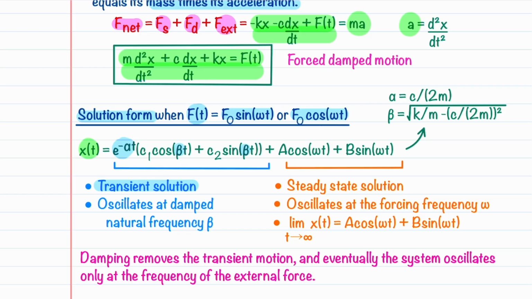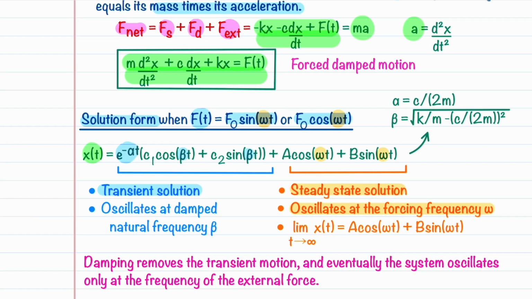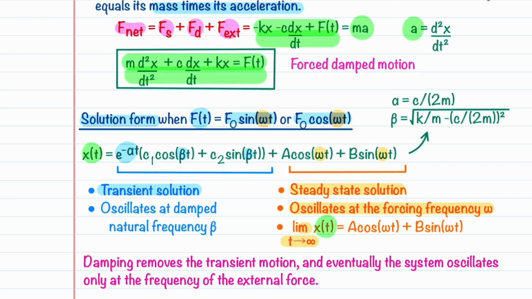The other piece of the solution is called the steady state solution. It oscillates at forcing frequency omega. There's the omega in the solution, and notice that the forcing function has that frequency too. The steady state solution oscillates at this forcing frequency omega, and if we take the limit as t goes to infinity of our solution, x of t, we see that it's equal to this steady state solution.